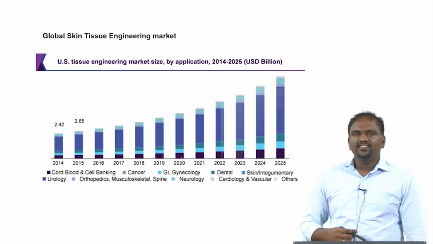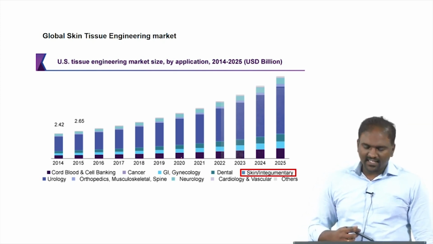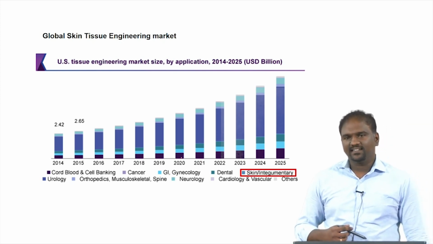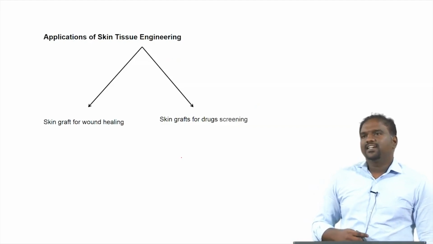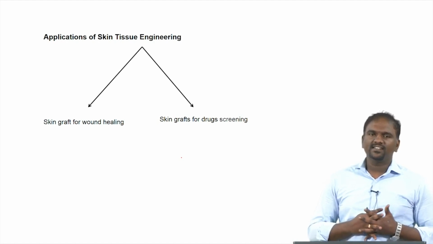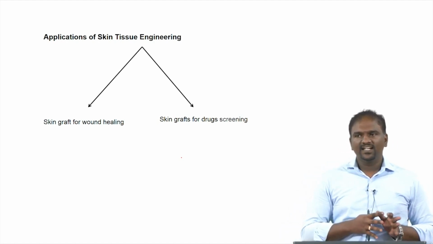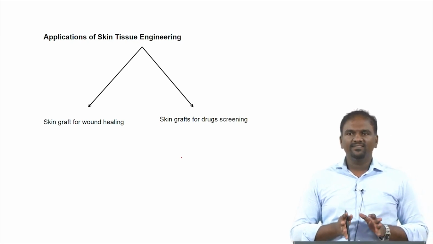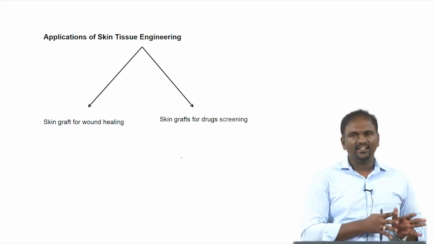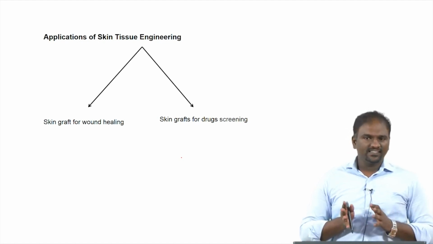The global tissue engineering market is highest for skin. Once we develop the skin graft, it can be used for two different applications. The first application is wound healing. As I told, wounds that cannot be healed by the body's own innate mechanism need some graft.